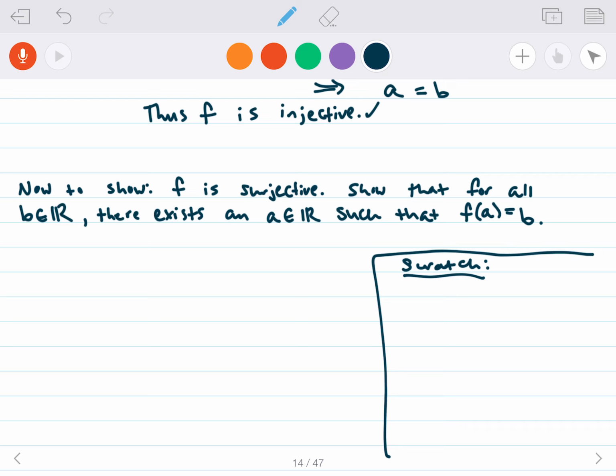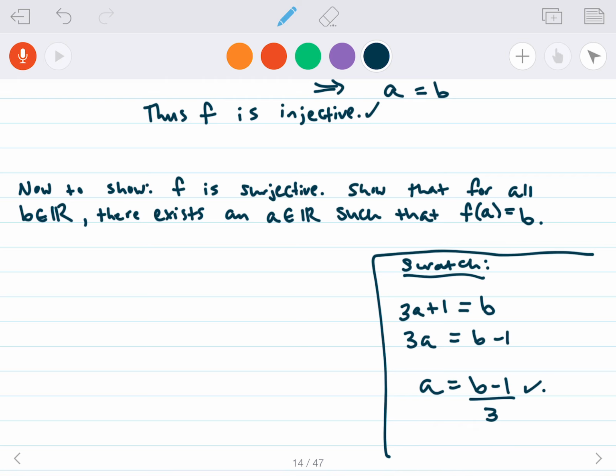For our scratch work, f of a is going to be 3a plus 1, and we want that to equal b, and we want to find the a that works for this given b. So solve for a: 3a equals b minus 1, so a is equal to b minus 1 over 3. Okay, cool. So that's it.